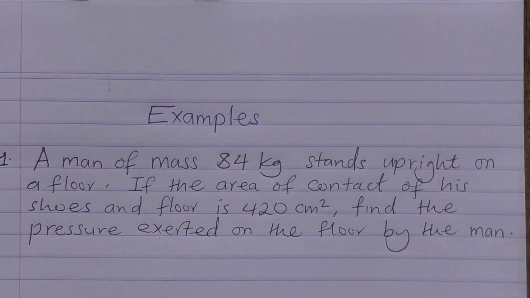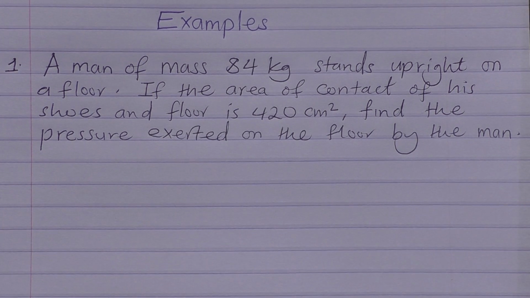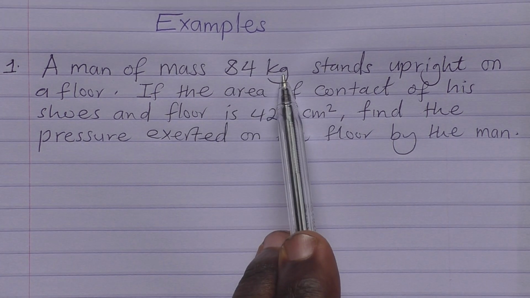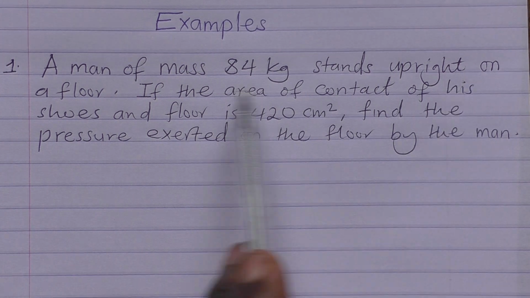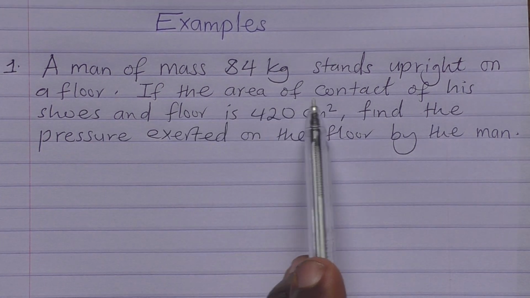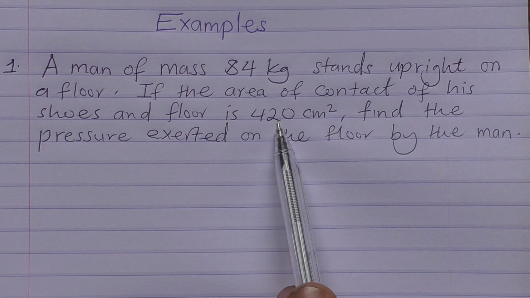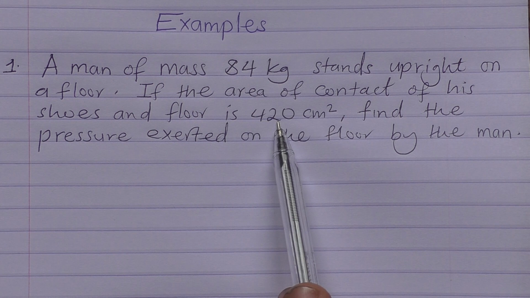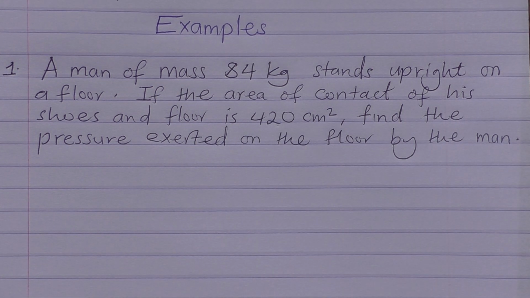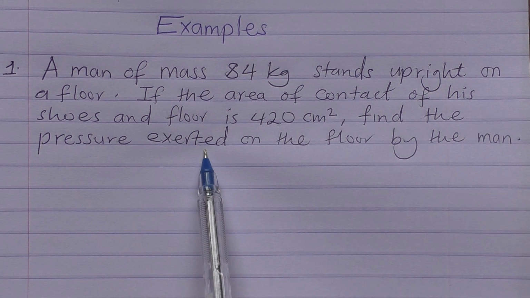Example 1 is telling us that a man of mass 84 kilograms stands upright on a floor. And if the area of contact of his shoes and the floor is 420 centimeters squared, we are required to find the pressure he exerts on the floor.